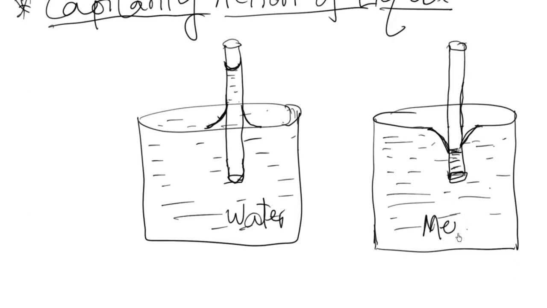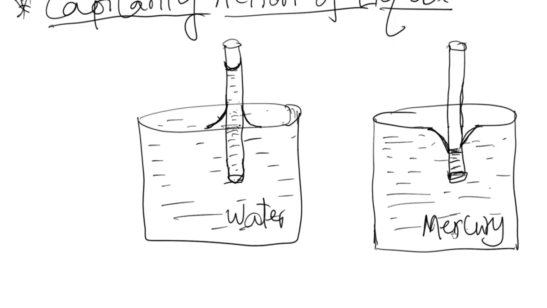This is mercury here. So if an end of a capillary glass tube is immersed in the liquid, some liquid either rises, in the case of water, and some liquid will fall in the case of mercury here.